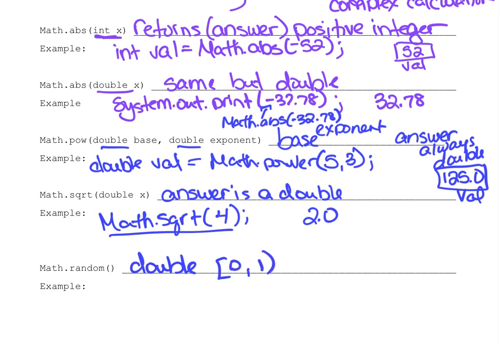This is interval notation, so it includes 0, and doesn't include the 1. So it's a random number between 0 and 1, not including 1. If you run this, it would pick like 0.02387 or something. We'll discuss what that means and how we can use it to help our programs shortly.